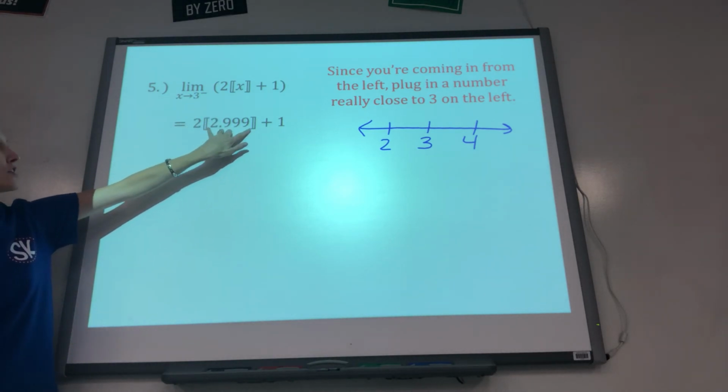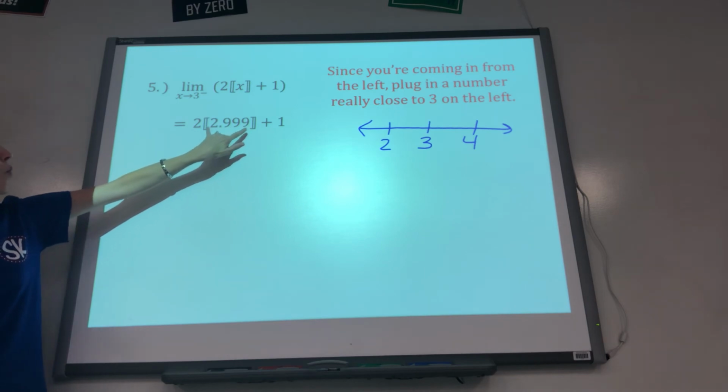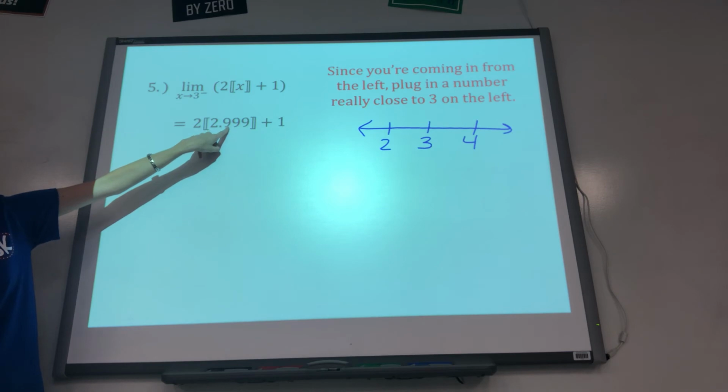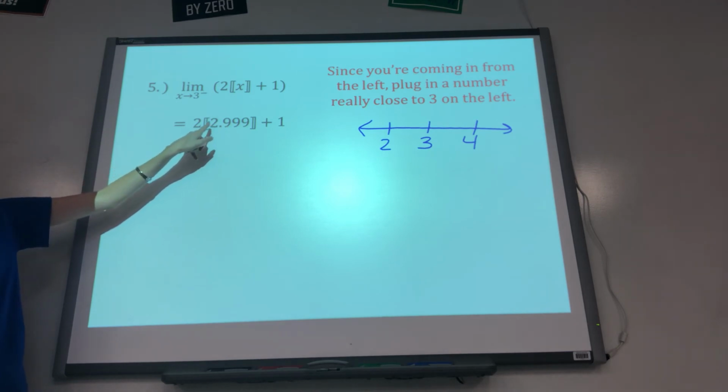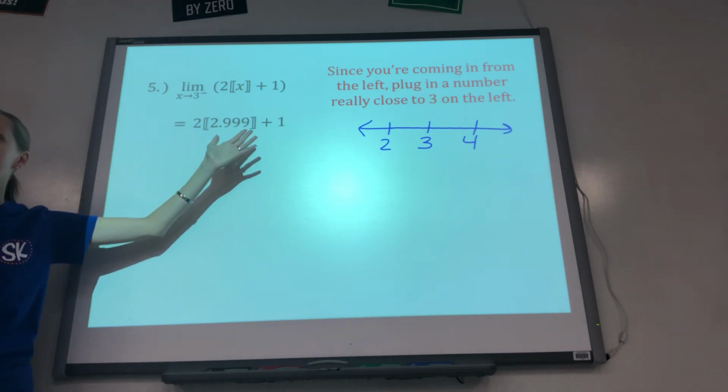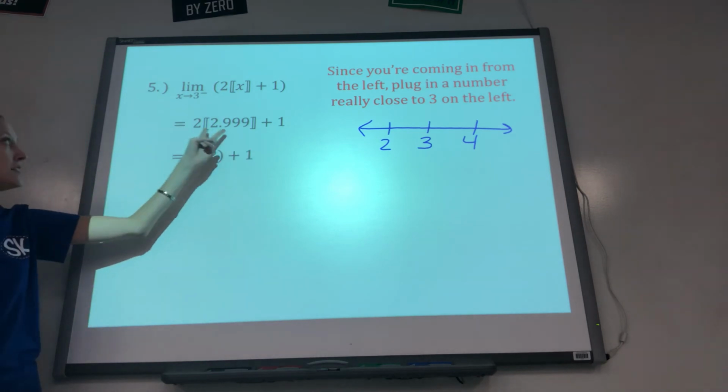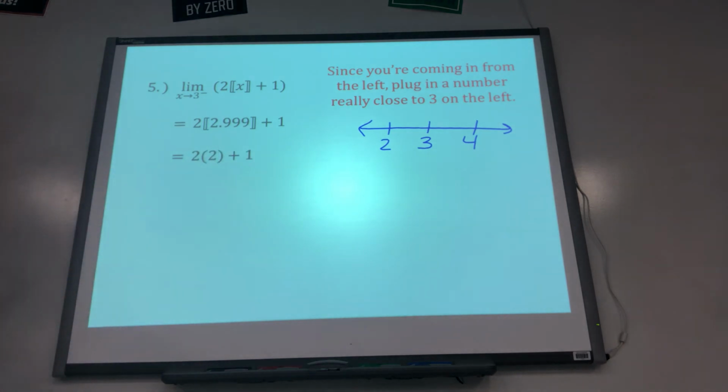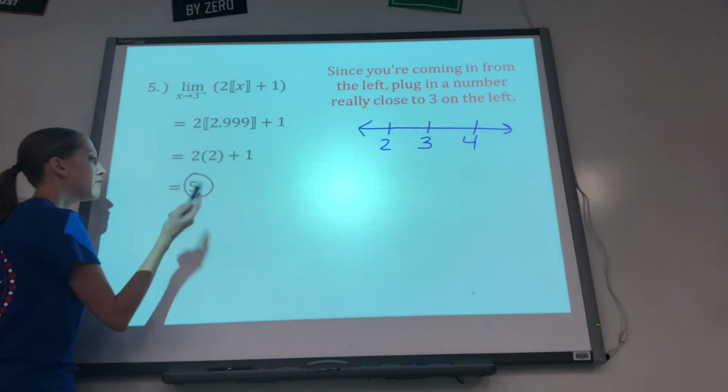But let's first figure out what is the greatest integer less than or equal to 2.999? 2. So we're going to turn that into a 2. No fancy brackets anymore. We actually took the greatest integer of it. We got back a 2. So 2 times 2 is 4. 4 plus 1 is 5.